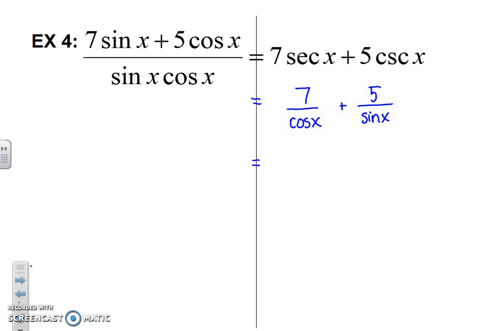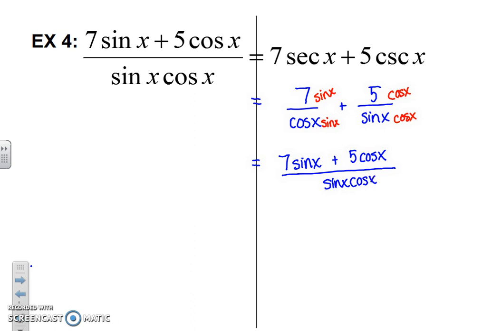So that means I would need to multiply this by sine x on top and bottom. I would need to multiply the second term by cosine x on top and bottom. So that would give me 7 sine x plus 5 cosine x all over sine x cosine x. And if you notice, that of course is what we have over here on the other side. So that proves this identity.